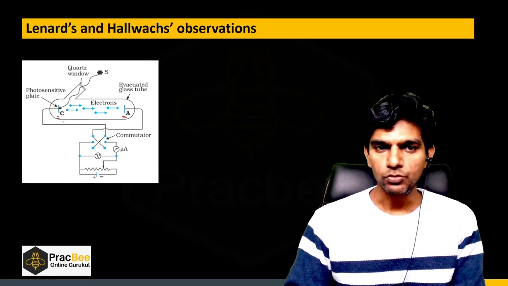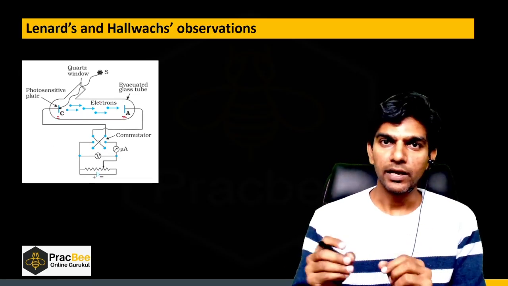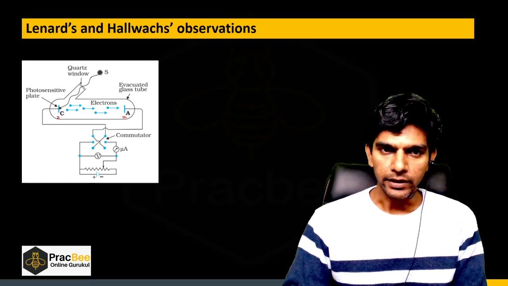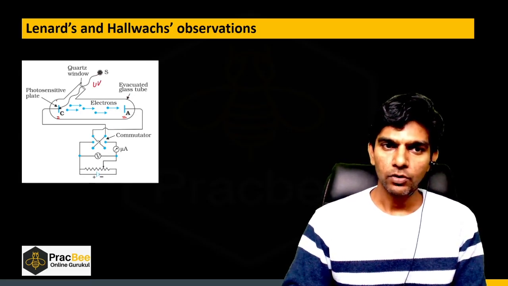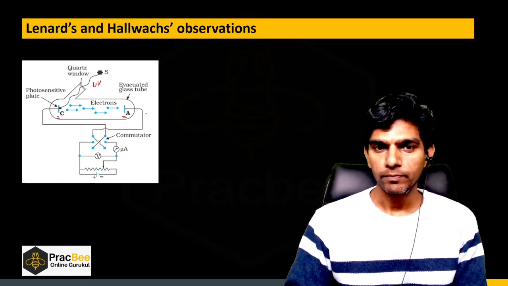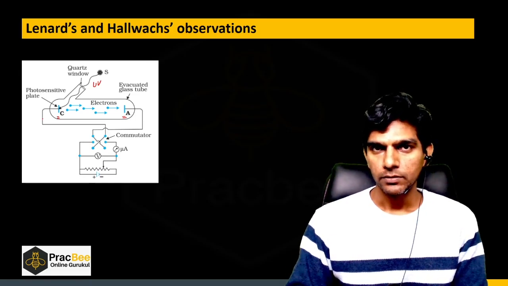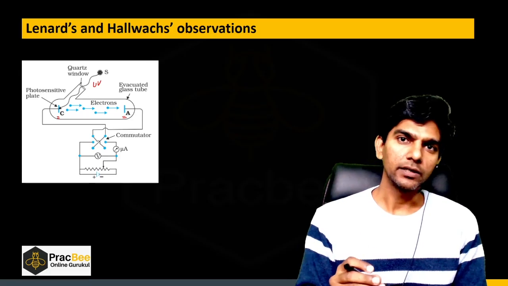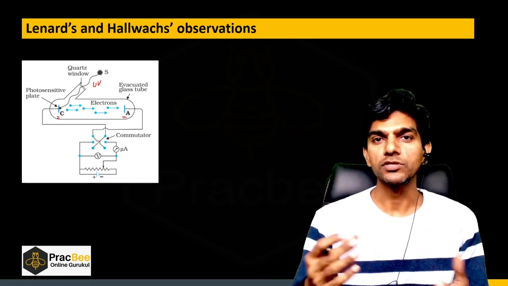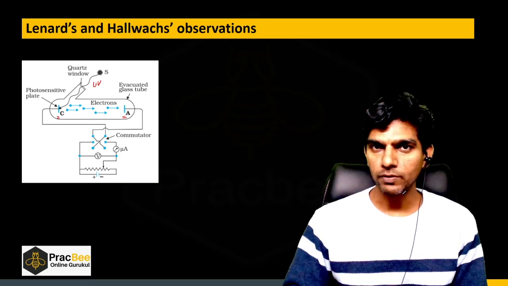He placed these two plates in an evacuated glass tube, and then incident UV rays on this emitter plate. He observed that there is some current in the circuit. It means some charged particles have come out of the emitter surface and moved from the emitter to the collector plate and constituted the current. So that is the observation of Lenard.